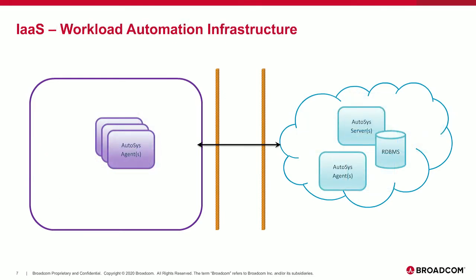Next is the infrastructure as a service. AutoSys, in this case, is running in a cloud environment that would be essentially a virtual machine running in these clouds and talking across the firewalls back into the on-prem solution where it continues to run the application.